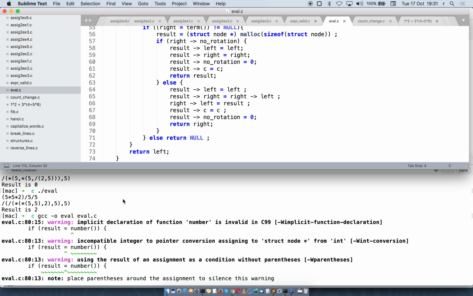So do we get at least 1, 2? No. So let's see if we reach here.